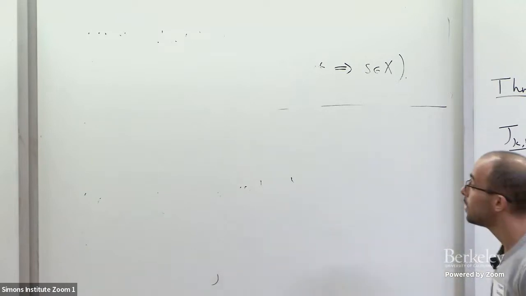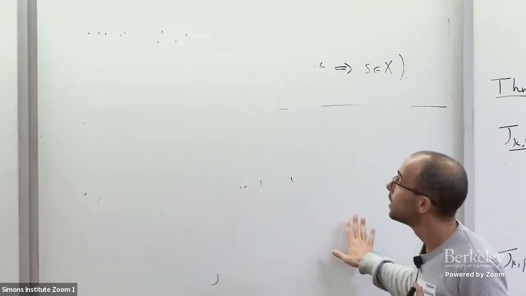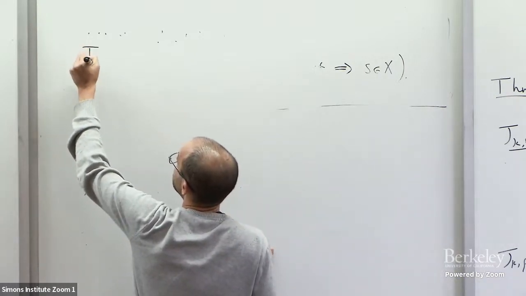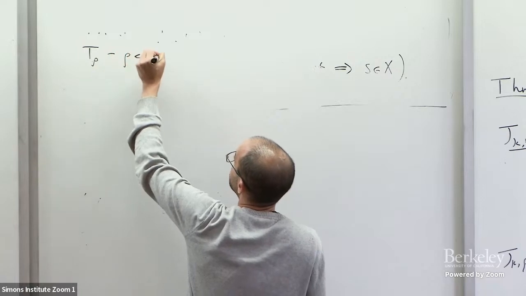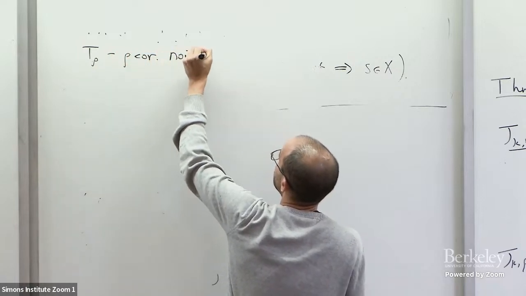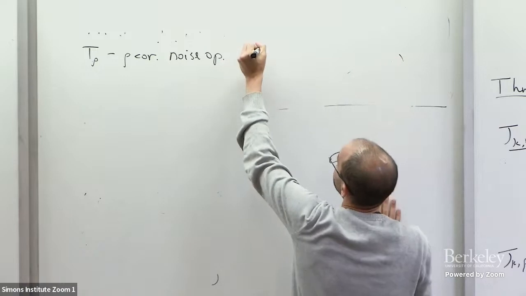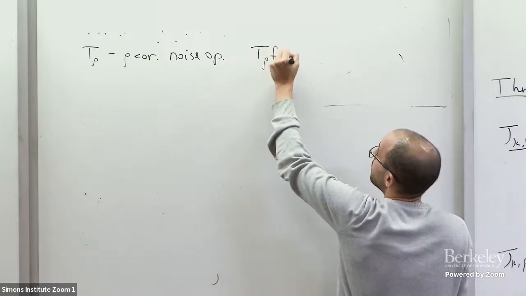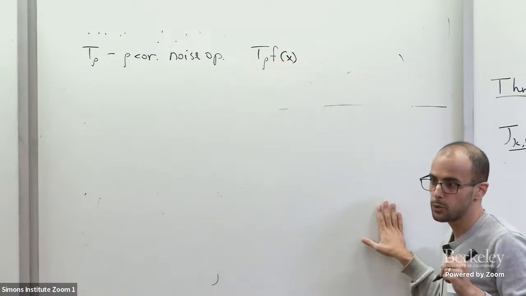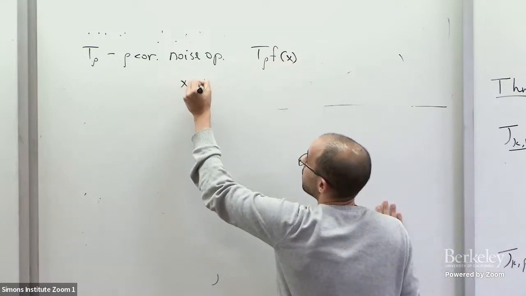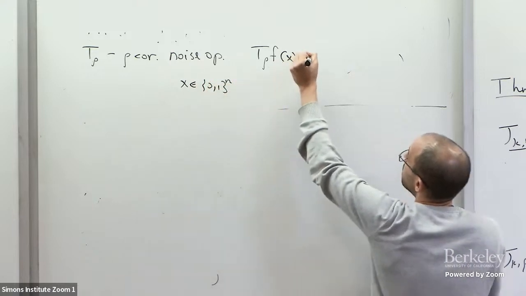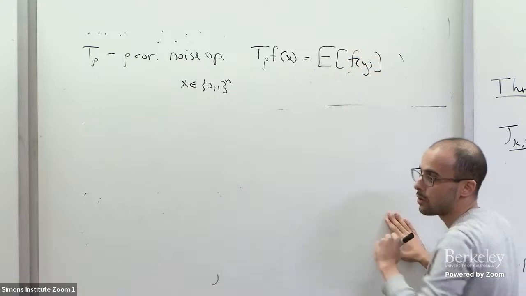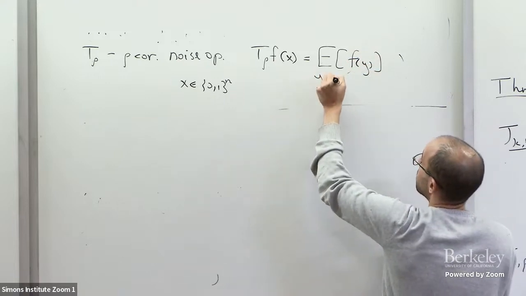Okay, so back to the Boolean hypercube. Let's denote by T rho the rho-correlated noise operator. Namely, T rho operates on a function f and gives us another function that on input x, where x is an n-bit string, outputs the average of f over y's that are rho-correlated with x.